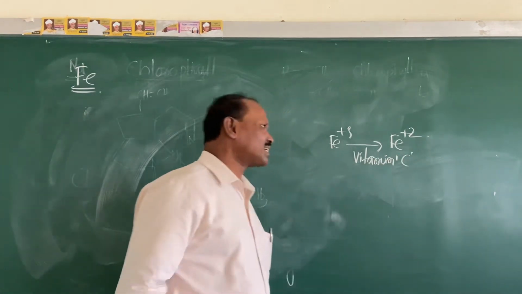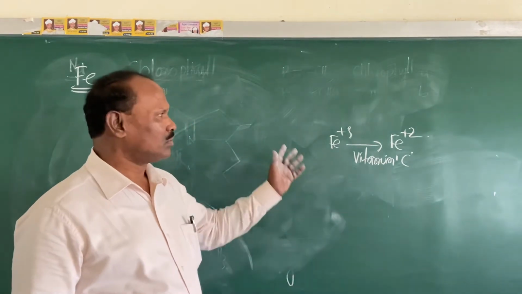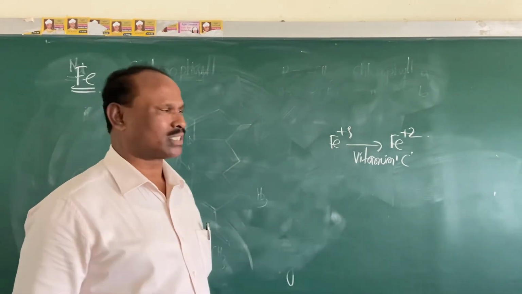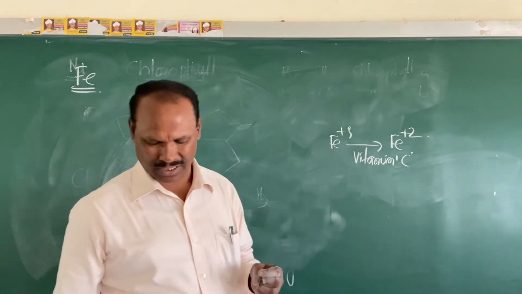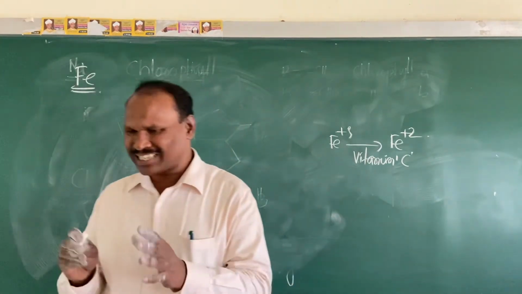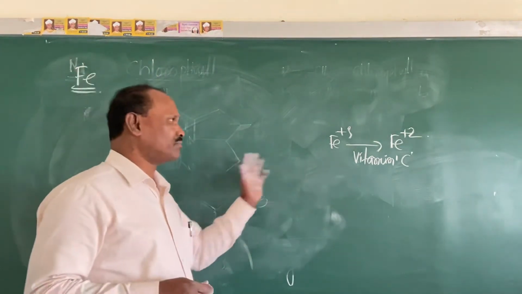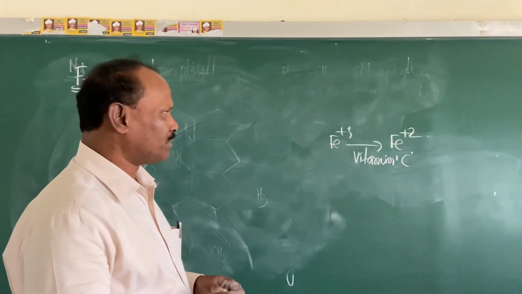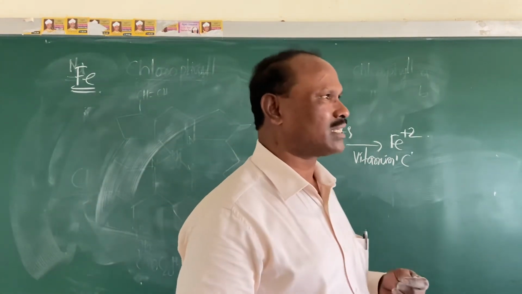So vitamin C converts the ferric ions into ferrous ions. What is vitamin C? It is nothing but ascorbic acid. So the ascorbic acid present in our body converts Fe plus 3 ions into Fe plus 2 ions.